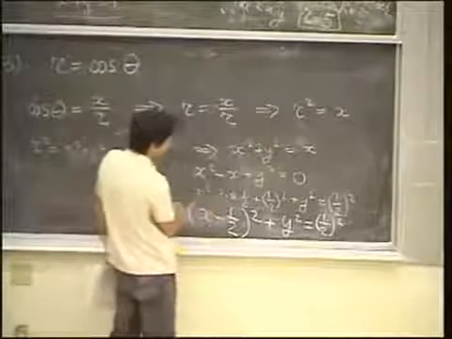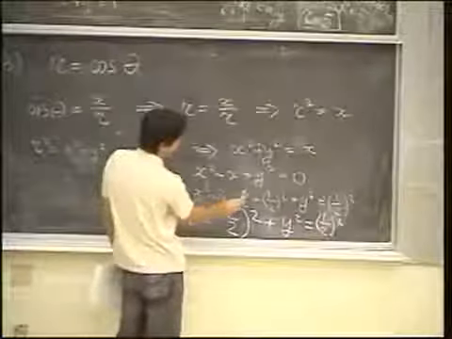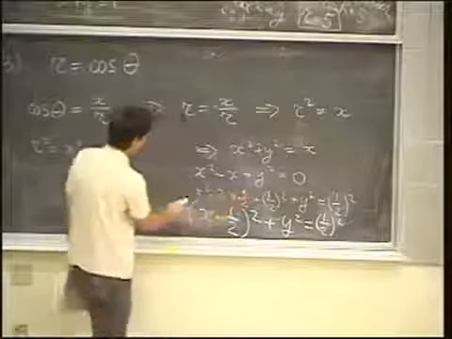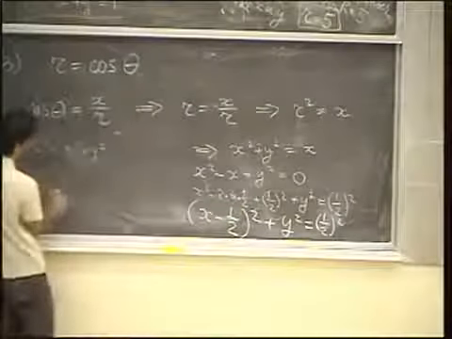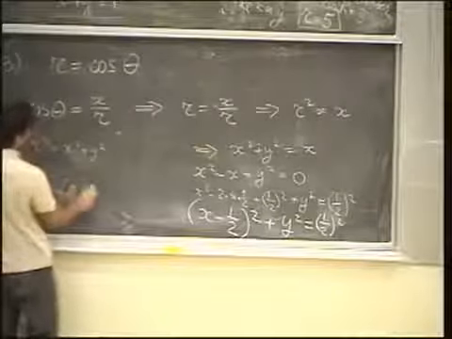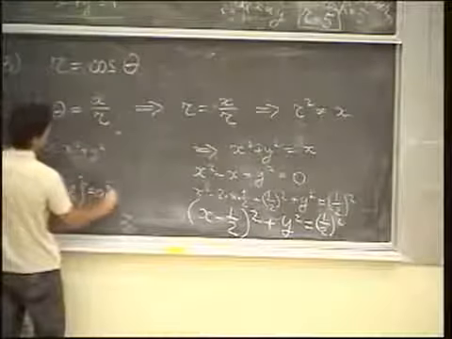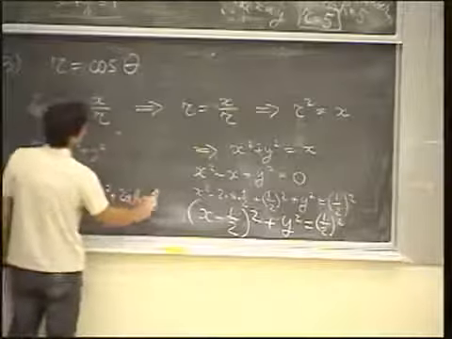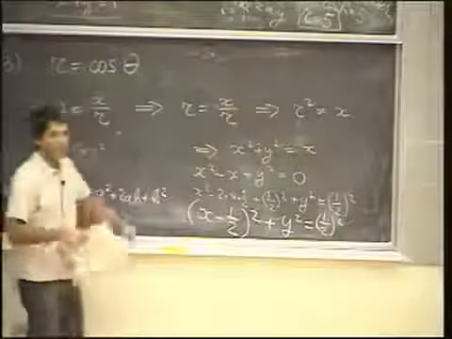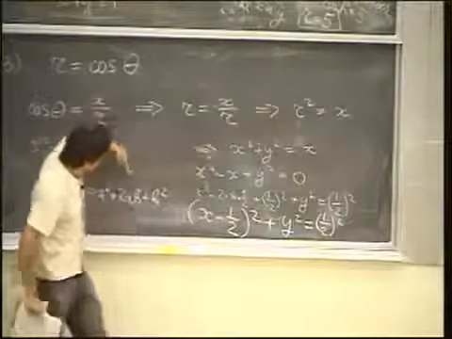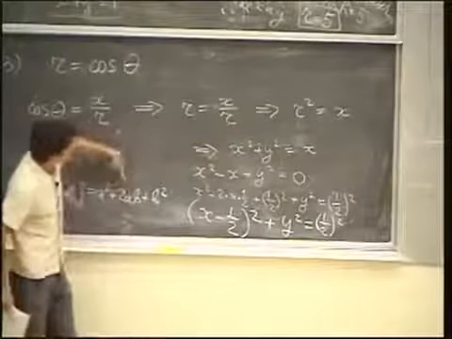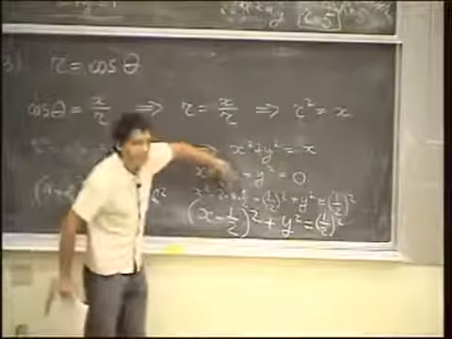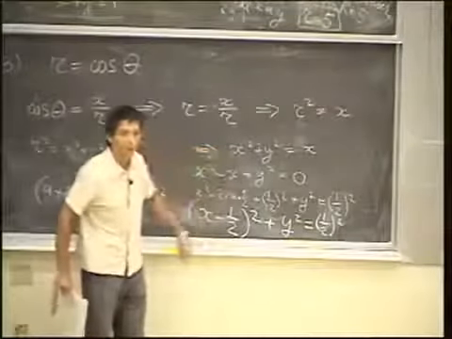2 times 1/2 is 1, right? So that's why I wanted to use the formula a plus b squared is equal to a squared plus 2ab plus b squared. And I had x, and I want to have something which is twice. So that's why I wrote x as 2 times x times 1/2. Does that make sense?